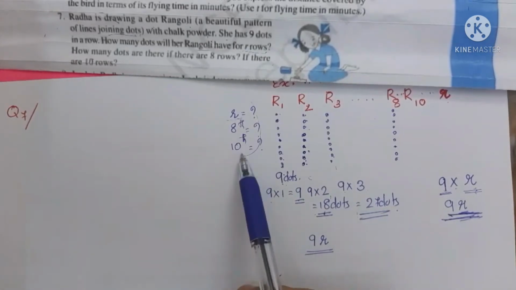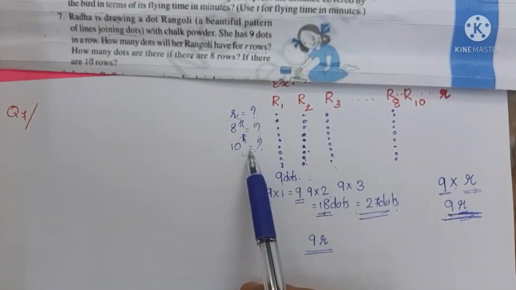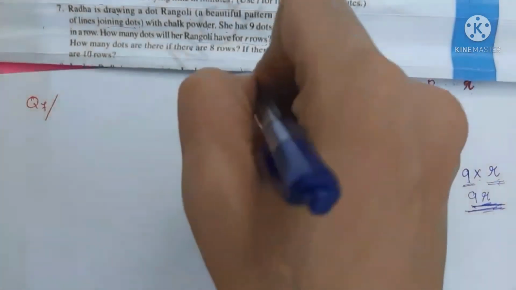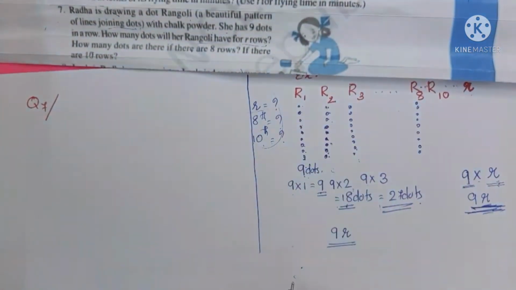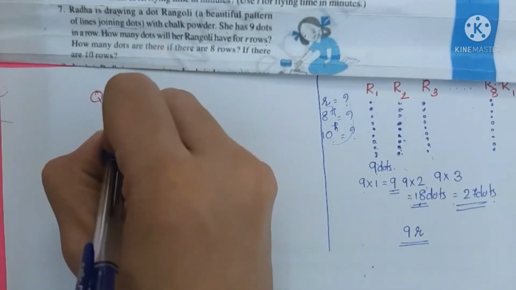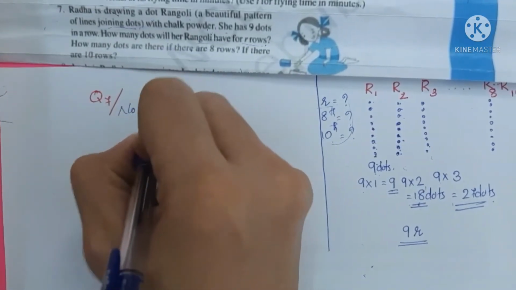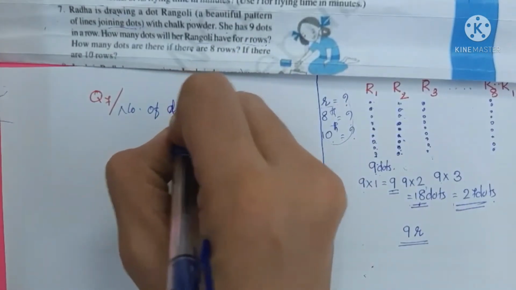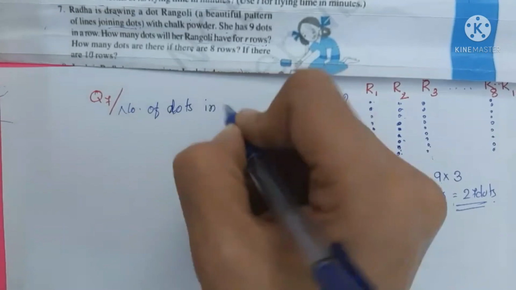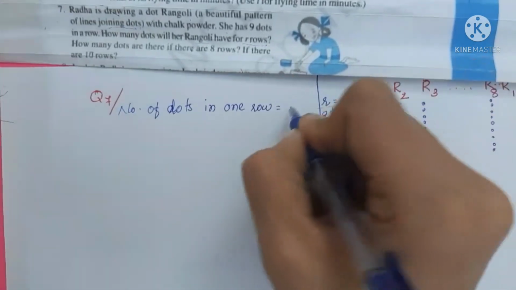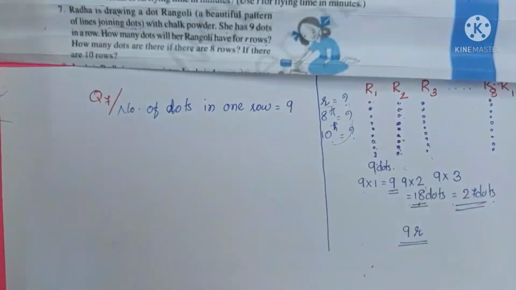So, 2 more parts are left in the question. Right. So, how can we write the answer? First step is the number of dots in one row is equal to 9.